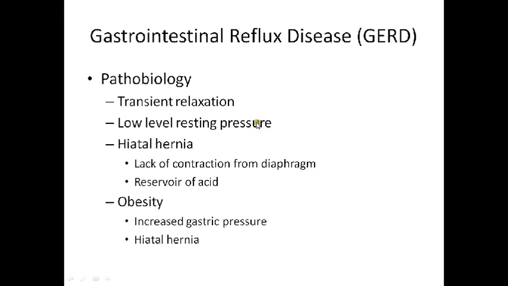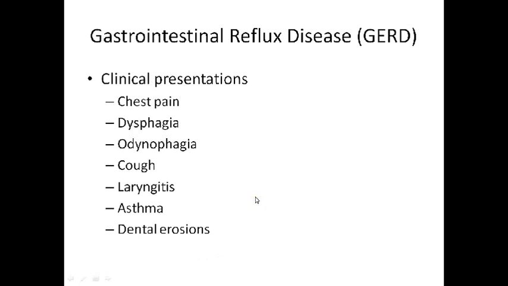There may be a secondary morbidity of a hiatal hernia that we may see, and then we can talk about obesity also. Obesity will change that. Gastric pressure will change the angle of the stomach anatomically, and will also cause hiatal hernia and make the GERD worse too. So usually that's the culprit. I would say 40 to 50% of the time.